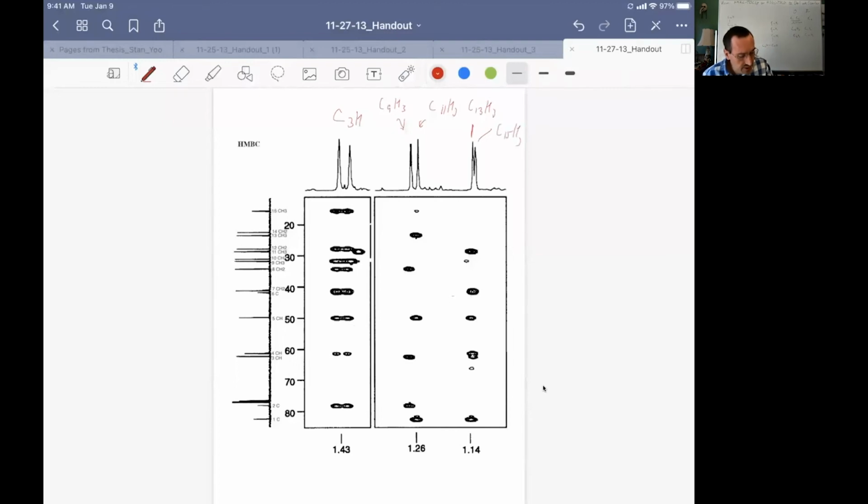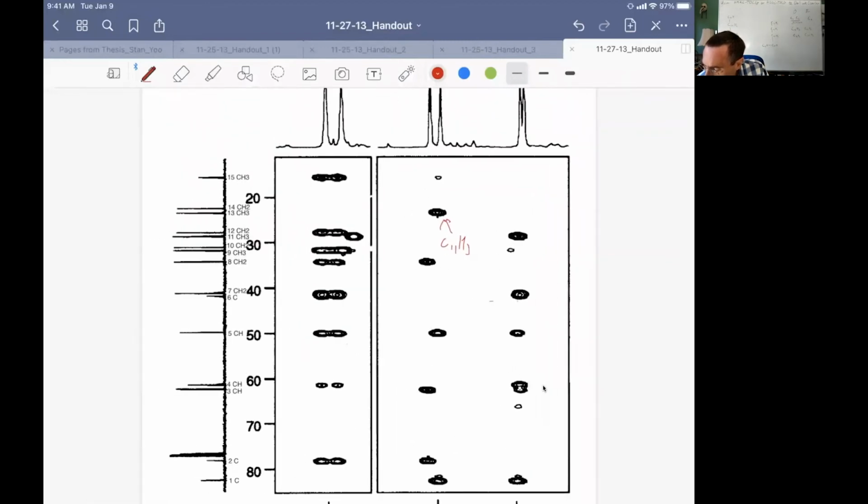So C11H3 crosses with C13H3. And C11H3 crosses with C5H. And C11H3 crosses with C1.